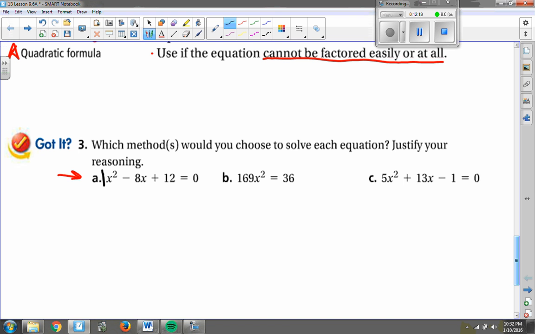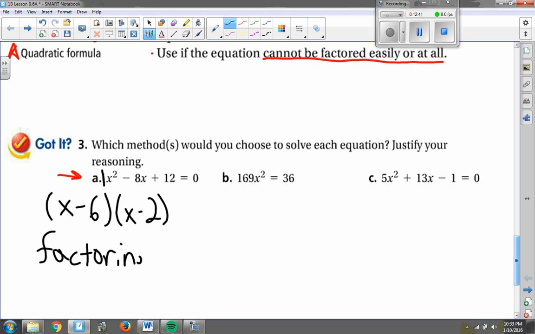So I should be thinking complete the square or factor. Let's check and see if you can factor it. Let's see, multiply to be 12. Both negatives that have a difference of 8. How about x minus 6 and x minus 2? I would say factoring, because I just did it.